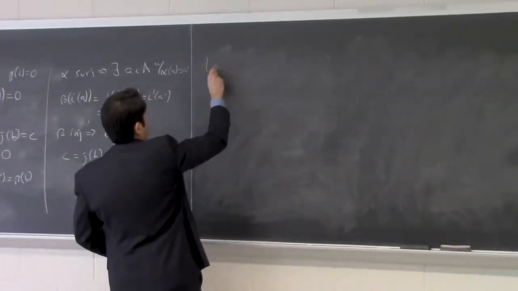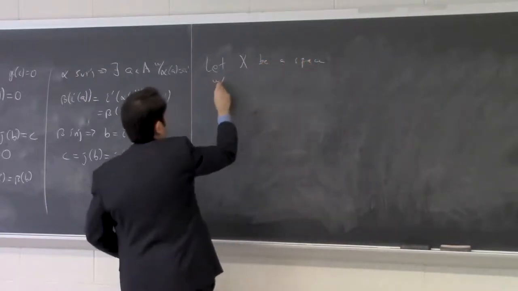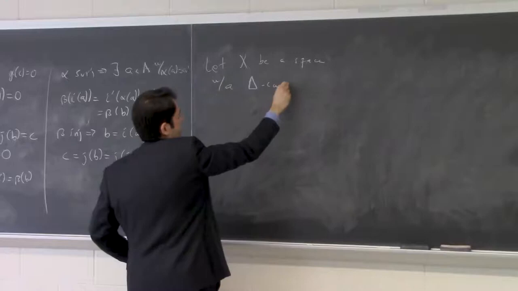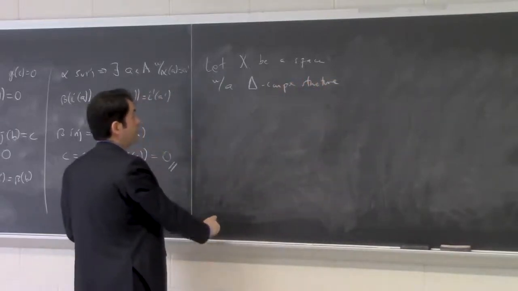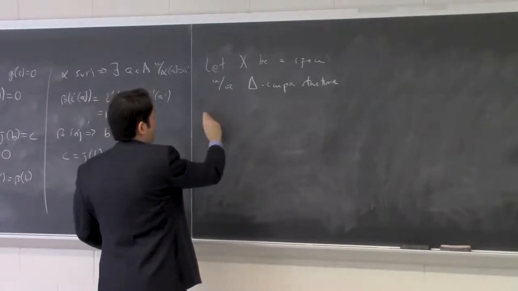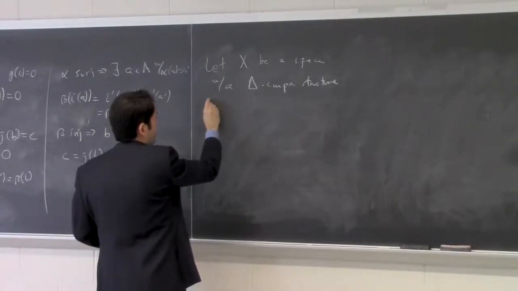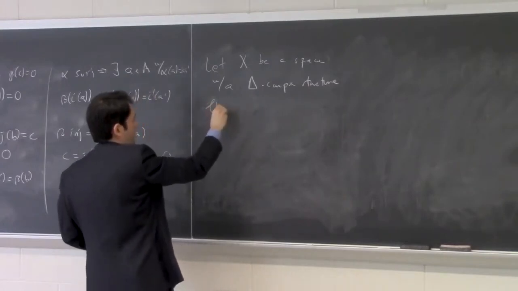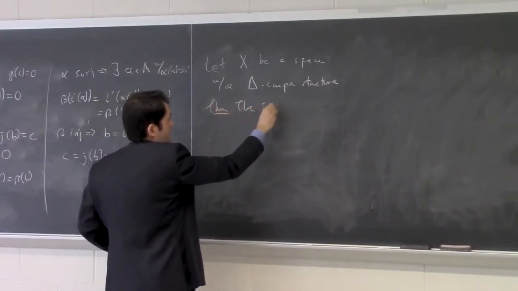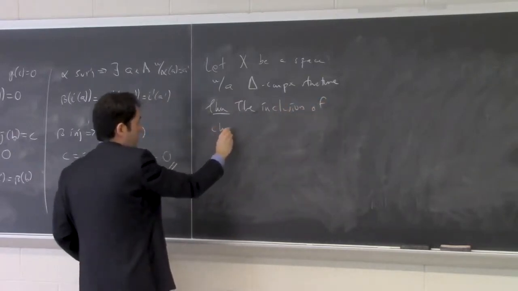So let X be a space with a delta complex structure. There is an inclusion of chain complexes.